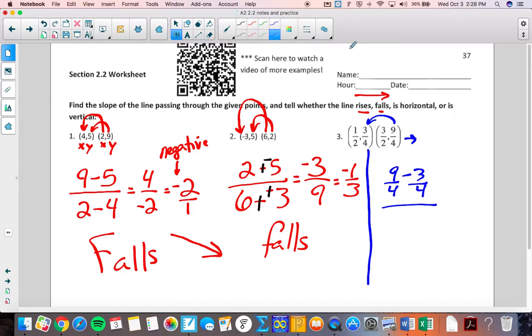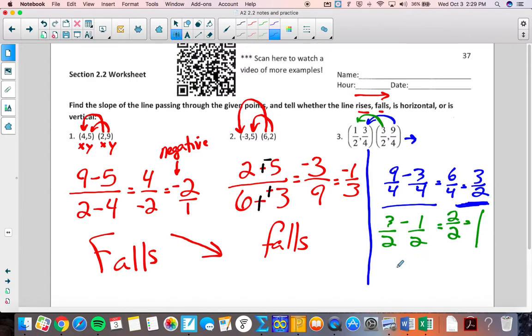And on the bottom, I'm going to have 3/2 minus 1/2. On the bottom, I get 2 over 2, which is 1. On the top, I get 6 over 4, which is the same as 3 over 2.